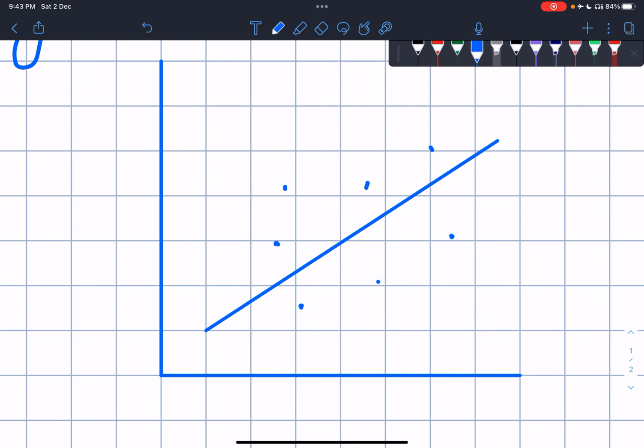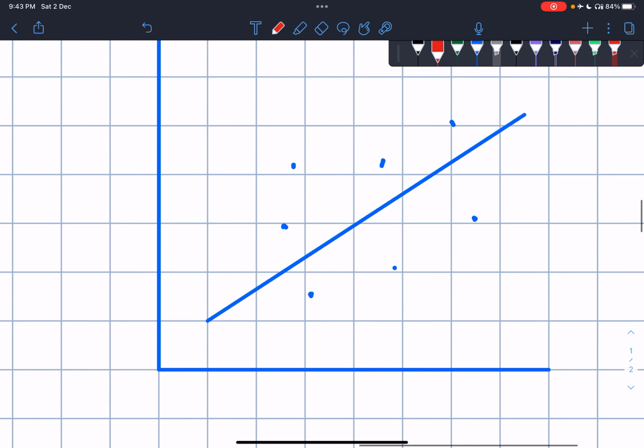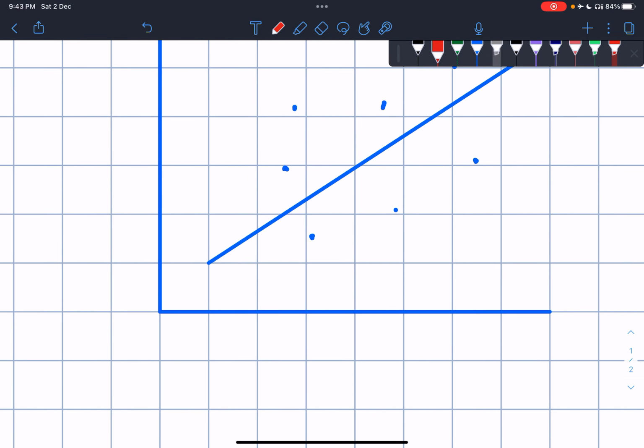Now what your model has predicted, so let me change the color. For this data point, we have this much of space. If you see, the model has predicted this.